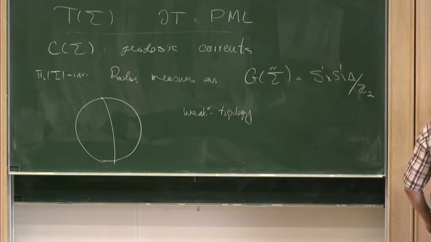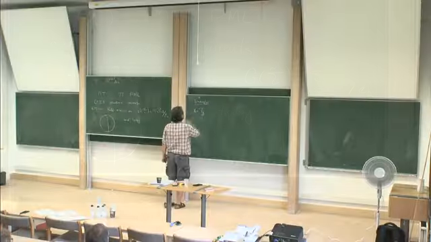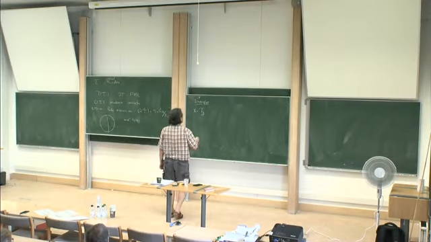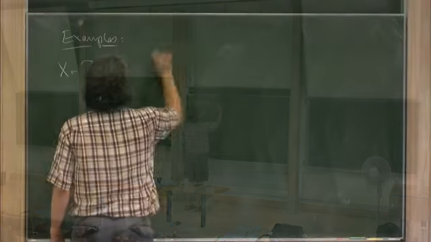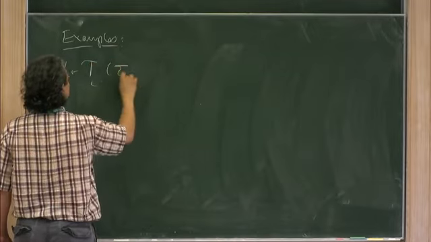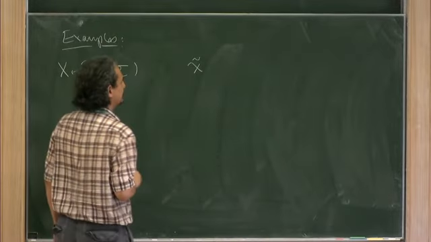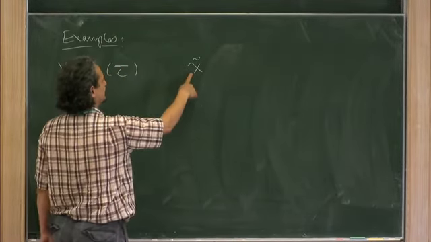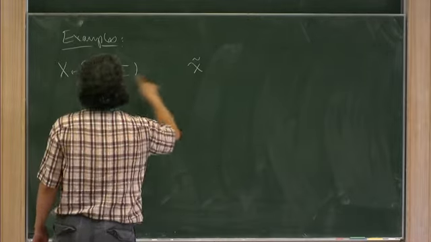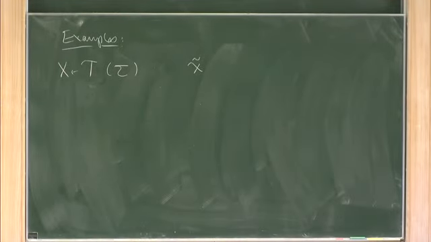So examples. If I have a point X in the Teichmüller space, maybe just write Tg, the surface of genus g, here let's just put sigma. Then the universal cover of X gives you an identification of this boundary. So when I drew this picture, what did I mean really?